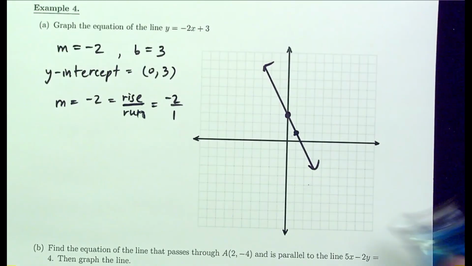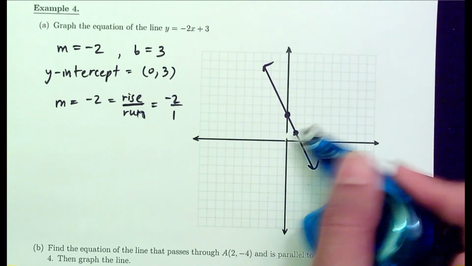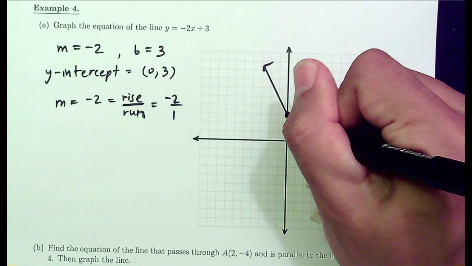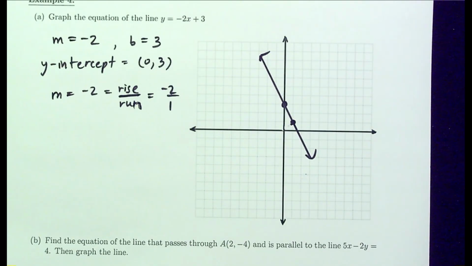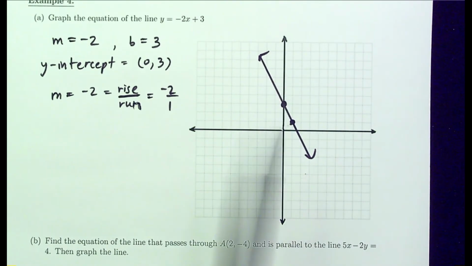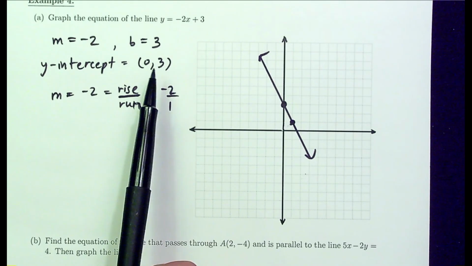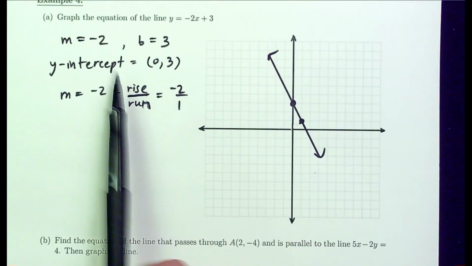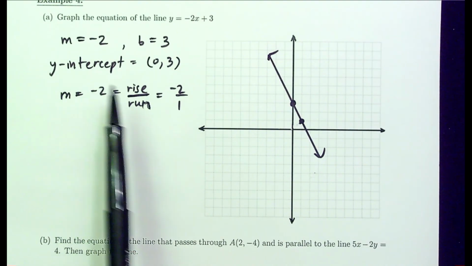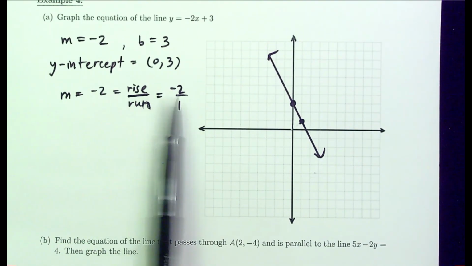Okay, that's it. So instead of just using any two random points, you could use the two intercepts, the x-intercept and the y-intercept, or another way which I really like is to start out with the y-intercept and then get another point for free by thinking of the slope as a fraction and following the instructions. So write it out as a fraction.